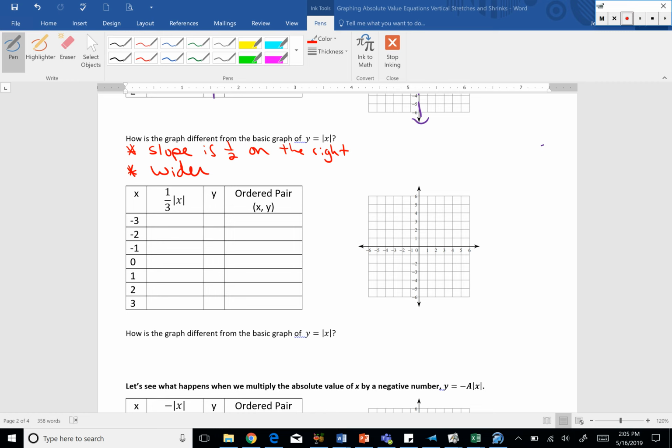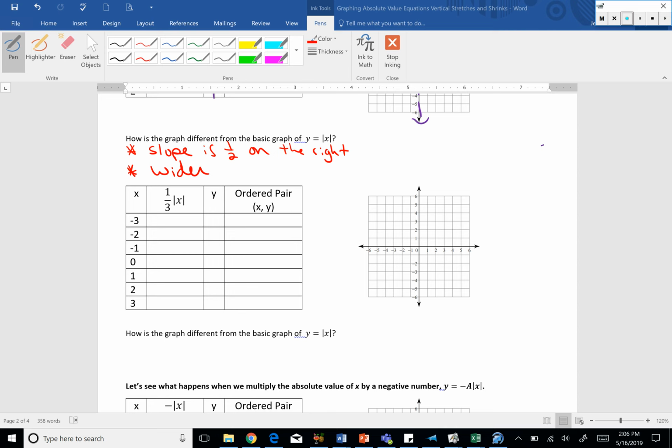So if I have 1/3 absolute value of x, what's our slope going to be, you think? What do you think? 2 times the absolute value of x, slope was 2. 3 times the absolute value of x, slope was 3. 1/2 times the absolute value of x, slope was 1/2. Trying to make this less work for you guys. What's our slope going to be now? What do you think?